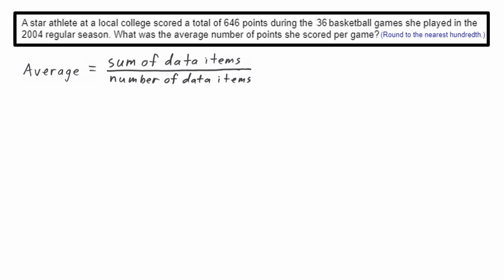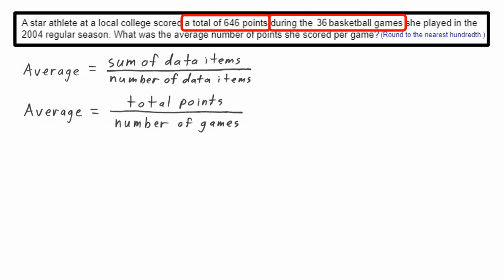The formula that we can use to find an average is to take the sum of all the data items and divide it by the number of data items. In this question, it says she scored a total of 646 points during the 36 games that she played. So we can rewrite the formula as total points in the season divided by the number of games.